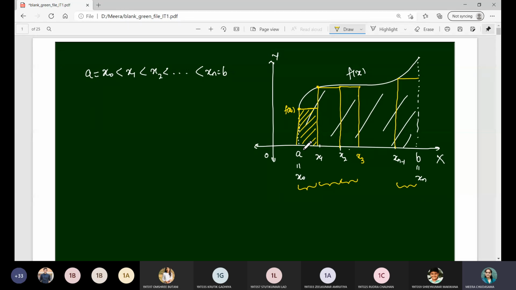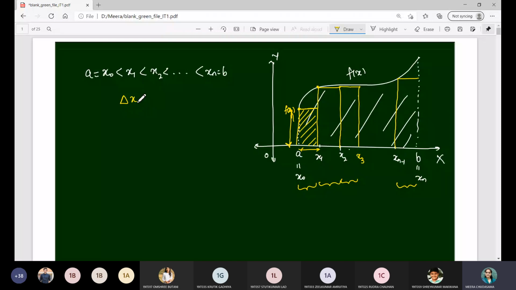So the first rectangle's area will be given by length into breadth. This is the length, from 0 to f of x0, and the breadth is given by the step size, that is x1 minus x0, right? If I denote this as delta x, that is x1 minus x0.